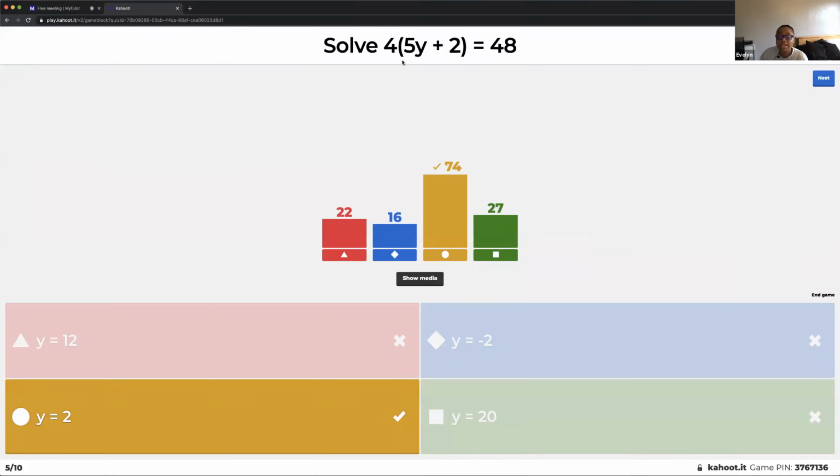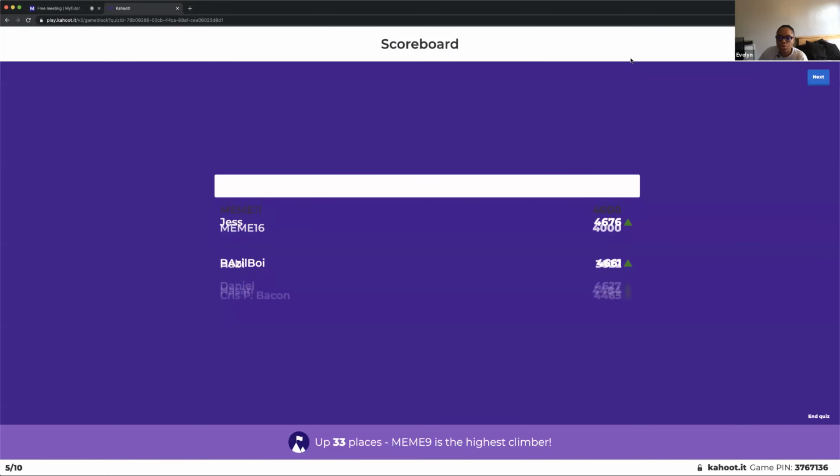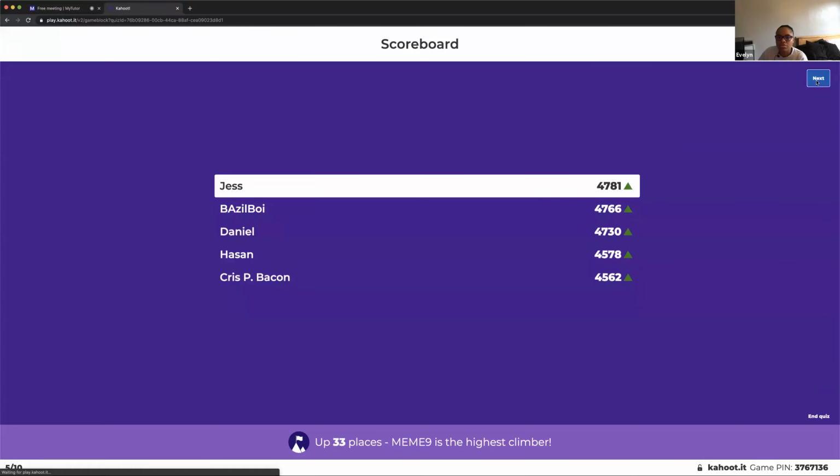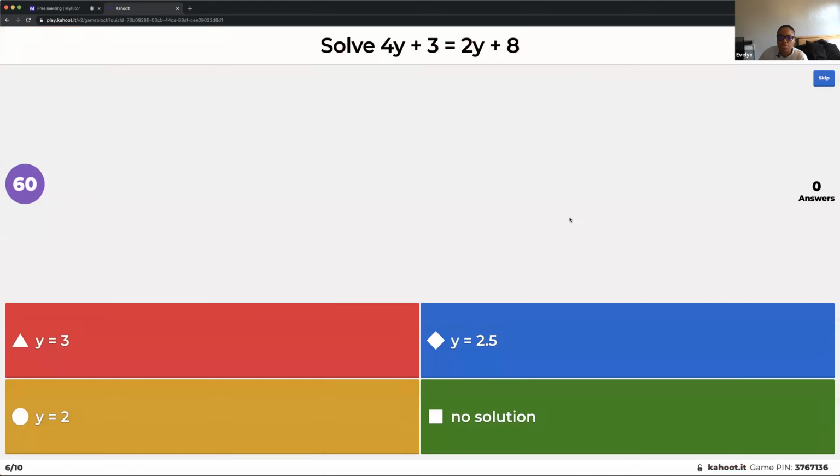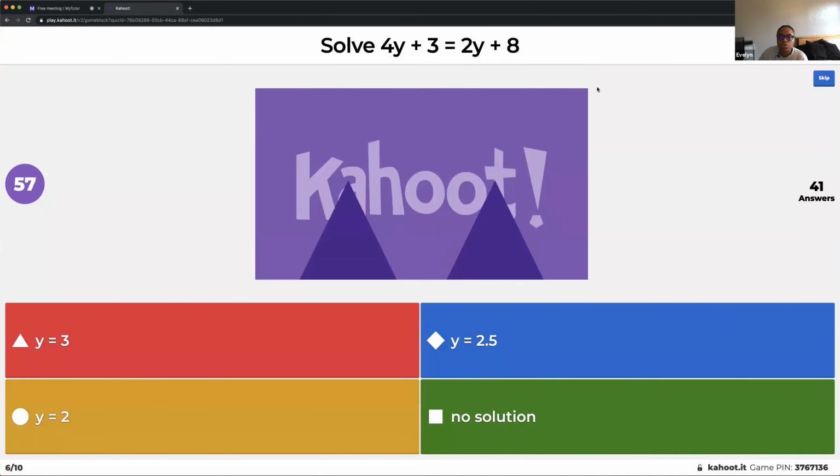So remember, expand the brackets first. So you'll get 20y plus 8, and then you subtract 8 from both sides. So you get 20y equals 40, because 48 minus 8 is 40, and then divide both sides by 20. So 40 divided by 20 is 2. So brilliant. Well done for the top 5. Perfect. Right, next one. Solve 4y plus 3 equals 2y plus 8. What do we get?